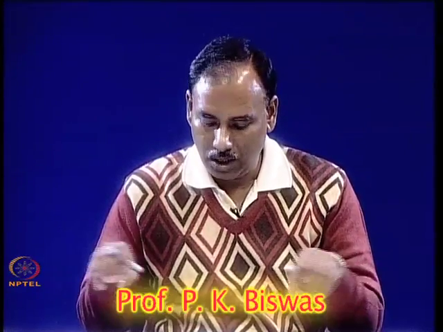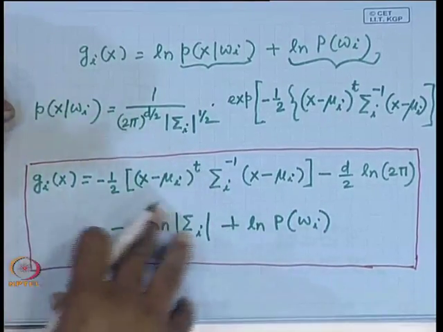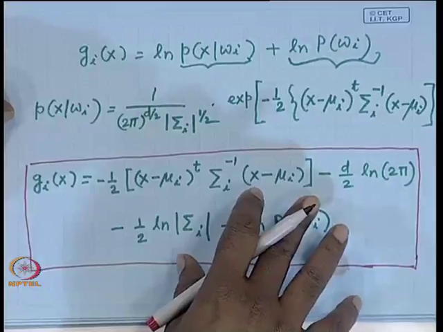It is not a linear surface. So, this classifier can take care of linearly non-separable classes. However, for specific cases, this can be converted to a linear classifier. So, we will talk about those things in the next class. Let us stop here today.